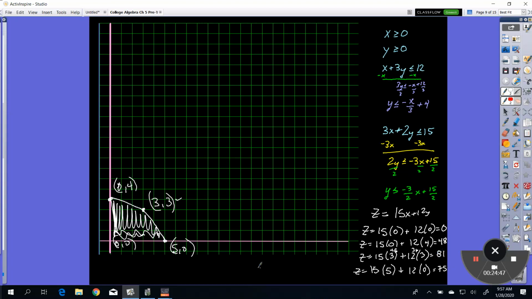So my maximum value is 81, and it occurs at 3, 3. My minimum value is 0, and it occurs at 0, 0. And so that's your answer for number 12.